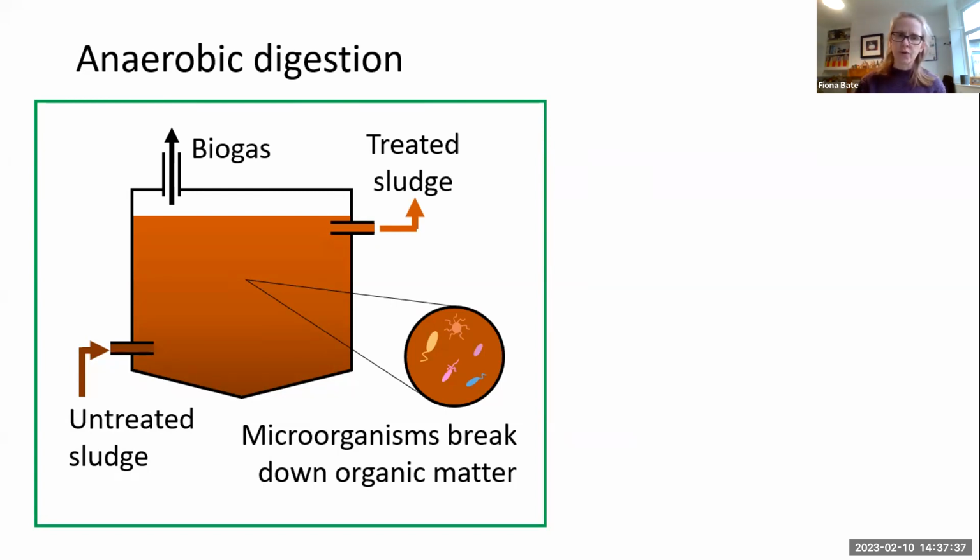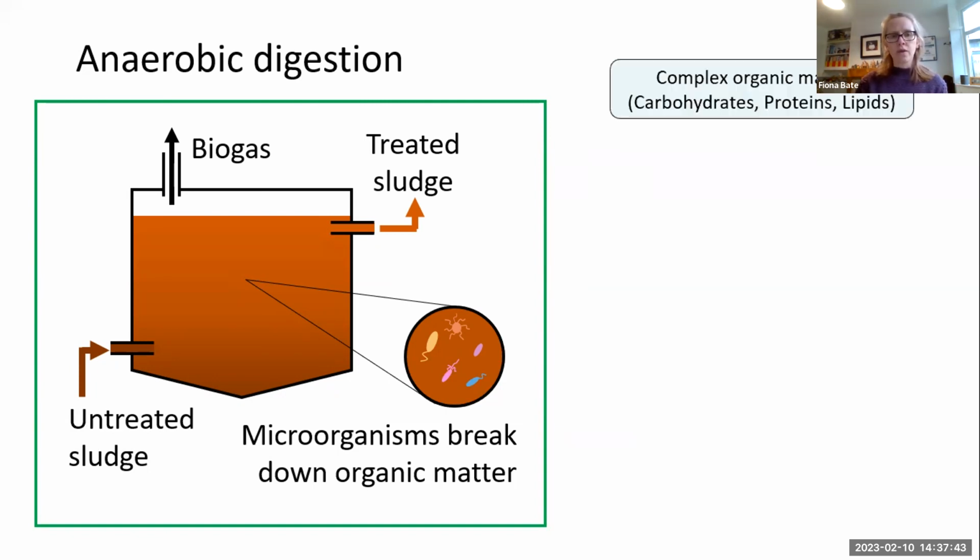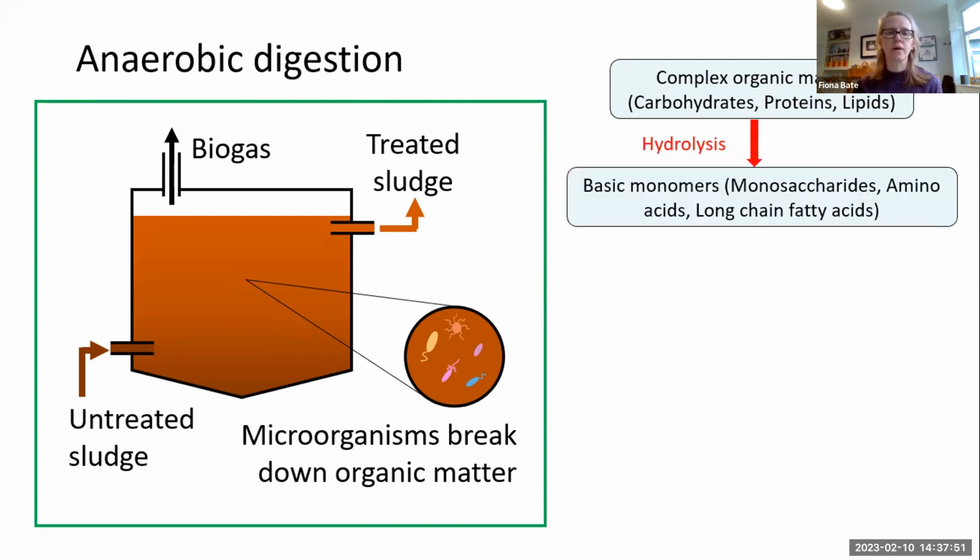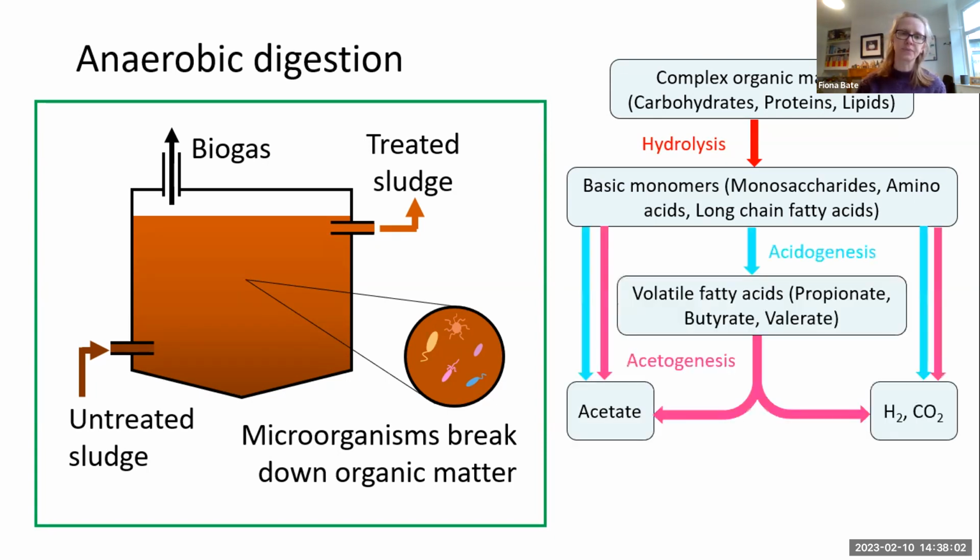In the process of anaerobic digestion, you've got 4 main stages. I'll just go through them now. First of all, you start with your complex organic material, so carbohydrates, proteins and lipids in the untreated sludge. These get broken down by hydrolysis into basic monomers: monosaccharides like glucose, amino acids and long-chain fatty acids.